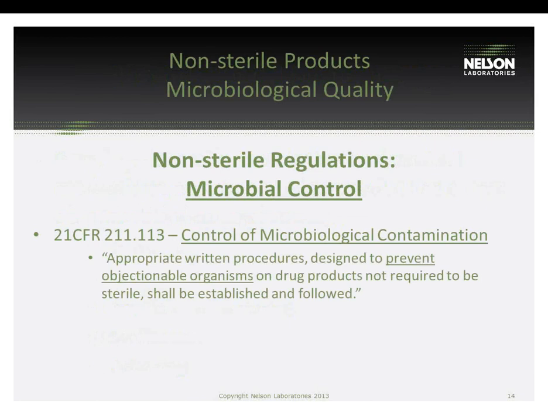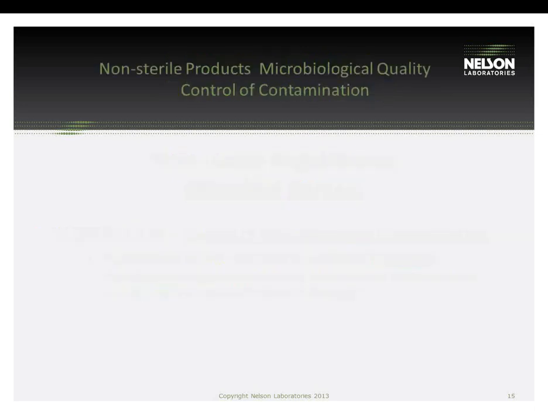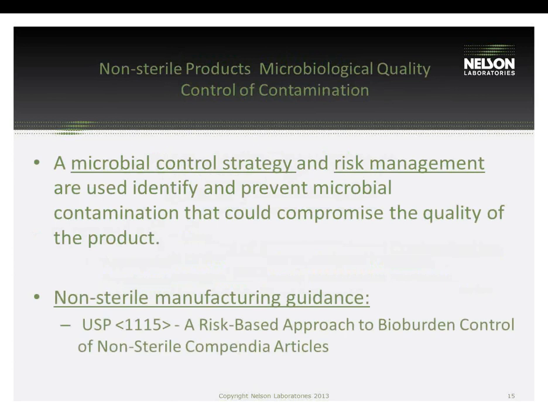Looking at the regulations, the GMPs require written procedures to prevent objectionable organisms for non-sterile products. And to have a prevention system, microbial control strategy and risk management are really important. In the past, there hasn't been much guidance for non-sterile manufacturers.